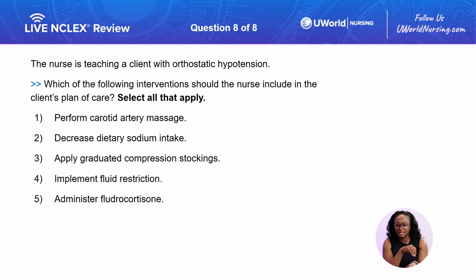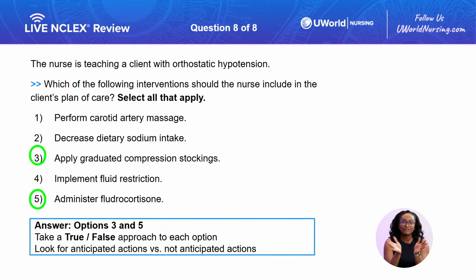Good job, guys. Now people are changing their answers to 2s and 3s and 5s. But I think you should just stick with the 3s and the 5s, so that would be our correct answer. So, orthostatic hypotension. Break it down. What is orthostatic hypotension? It's when you have low blood pressure, but it further plummets when you go from lying down to sitting up or sitting up to standing up.